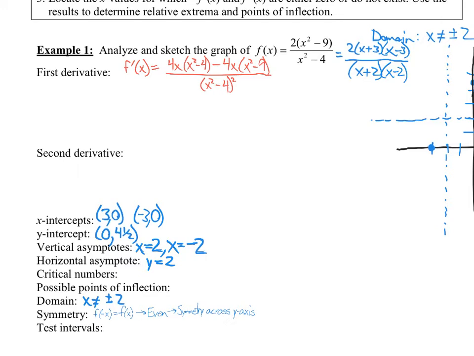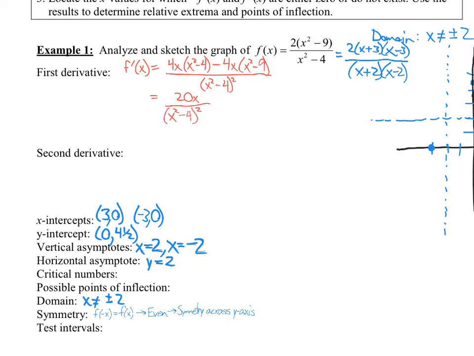Now let's simplify a bit, and then we can start using that first derivative. I'm going to have a 4x cubed minus a 4x cubed, so that's really nice. That cancels out. And I have a minus 16x plus 36x. So that gives me a 20x on the top over x squared minus 4, squared.